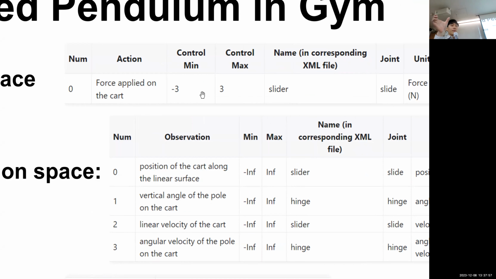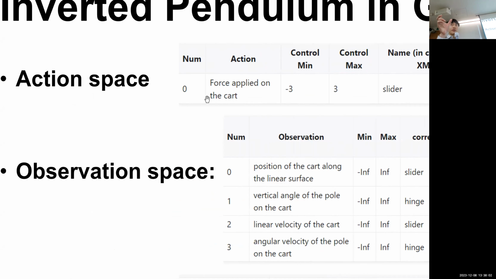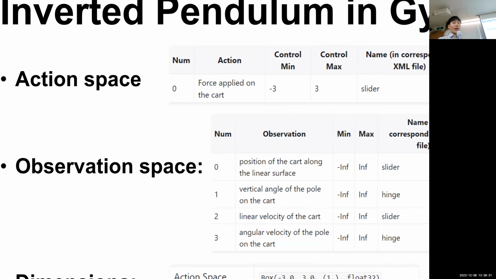This means the action is a continuous action. You can discretize it, but we are just going to use a continuous action space to learn the policy. So it can be 2.9, 2.1, 1.5, rather than just left or right. This is one major difference.